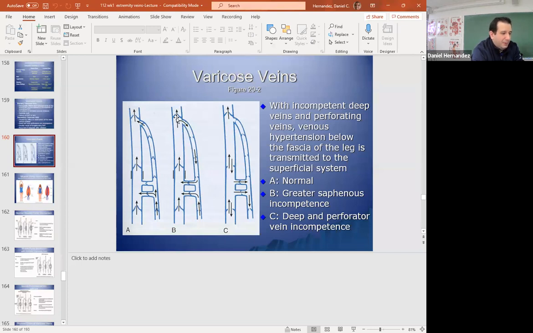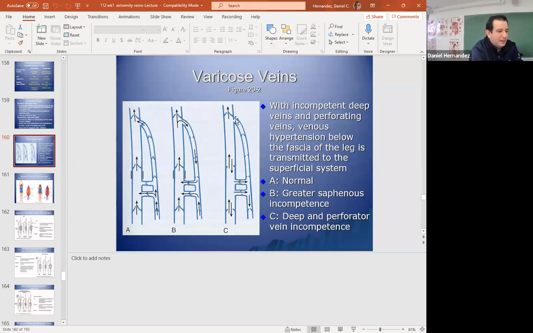This is an example of an incompetent greater saphenous, so blood flow coming back down the greater saphenous. But some of that blood flow can be shunted back over into the deep system through those perforators if the perforators are still competent and do not exhibit reflux. That could reduce the severity and prevalence of the patient developing varicose veins.